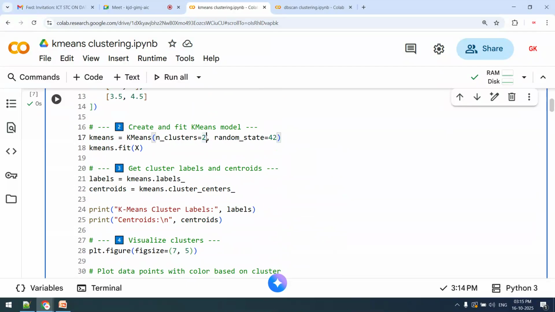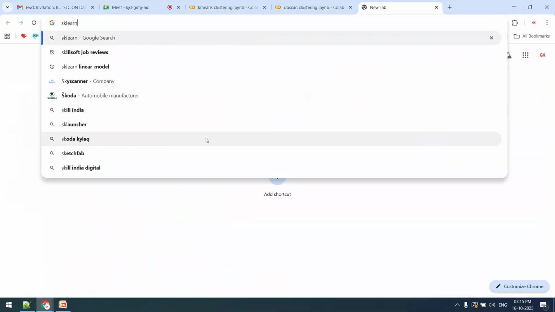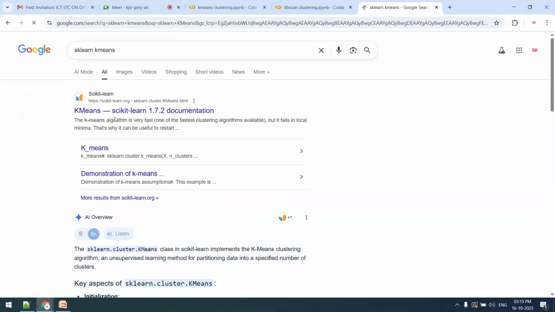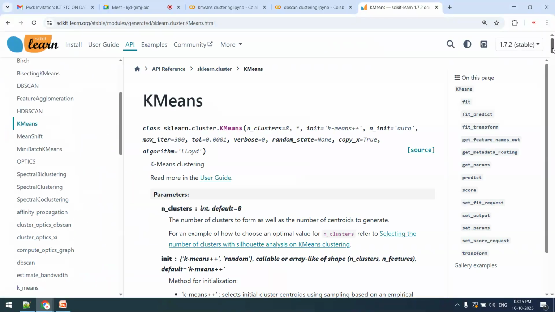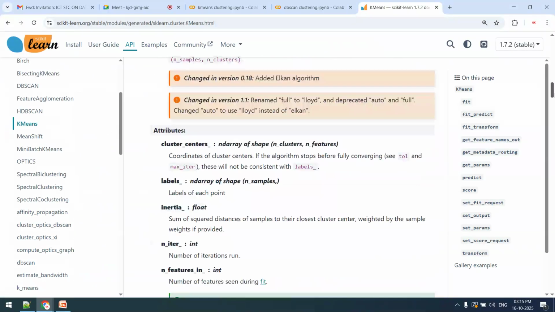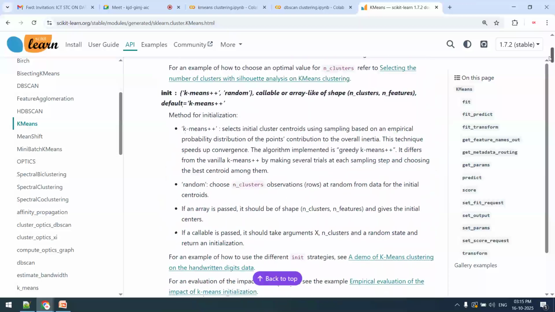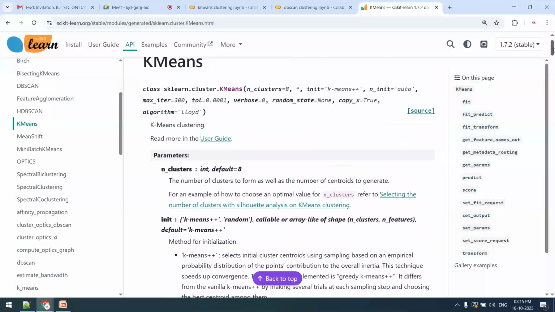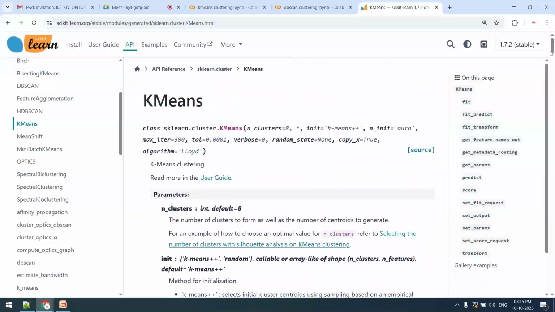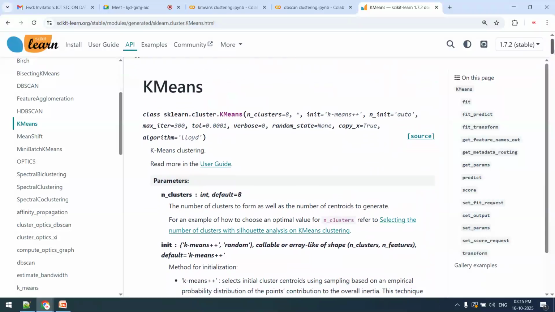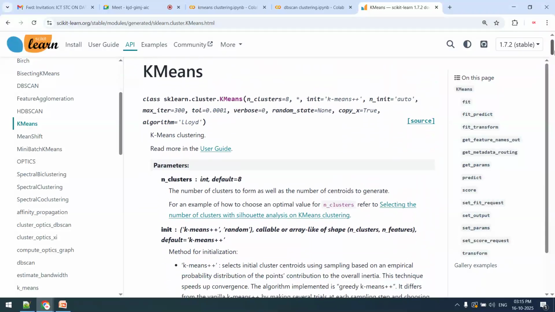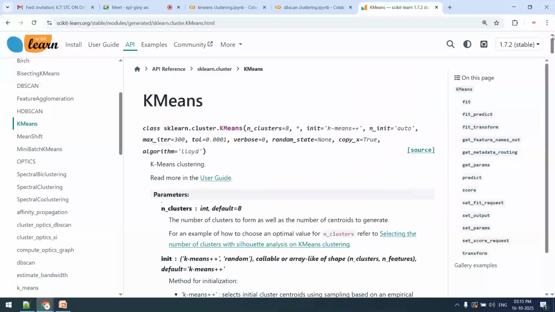If you want to see the documentation, it is available, for example sklearn KMeans in scikit-learn. The major part is that you should be aware of the concept. In almost every session we focus on and motivate participants to understand the concept and associated concepts.